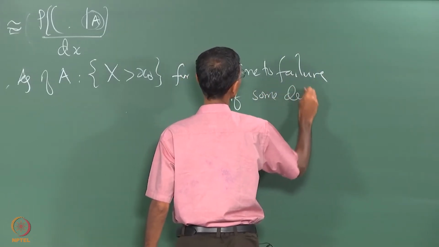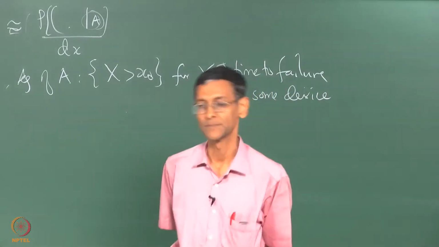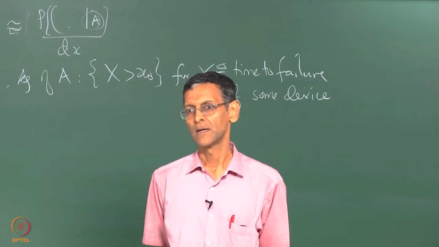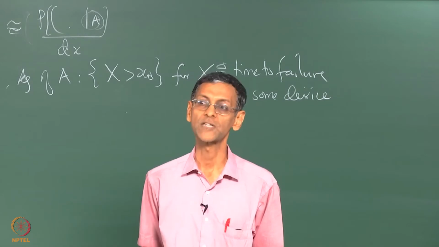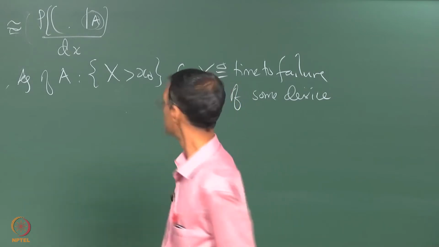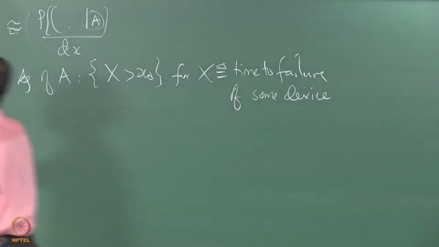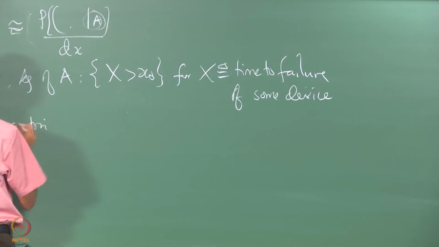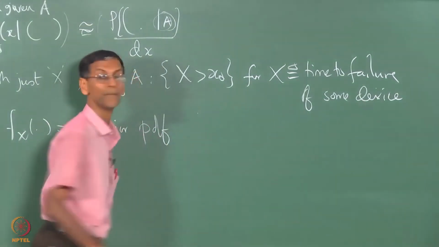These times to failure are always modeled as continuous random variables, never discrete, because you are assuming that you can measure the time very, very precisely, and it is not from a countable set. So X is this. So f_X is what? f_X by itself is the a priori, or just call it the prior PDF of this time to failure.